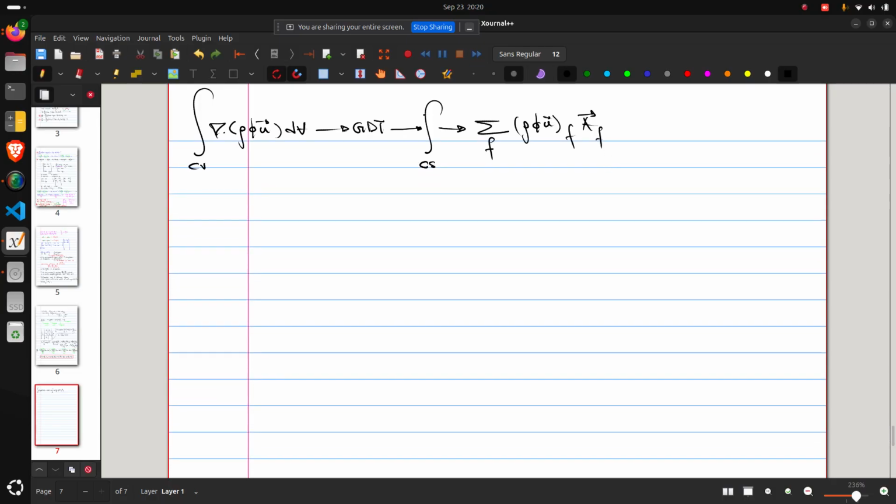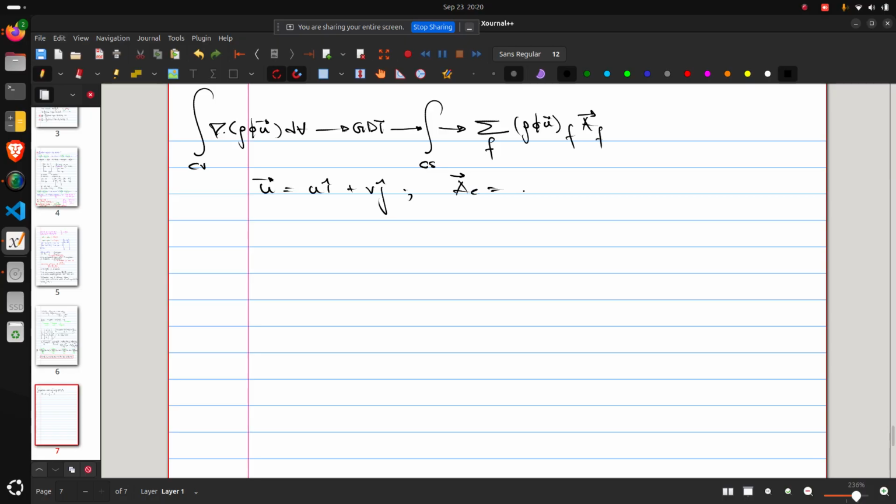Now in our 2D case, what does the u vector look like? It is nothing but u i cap plus v j cap, just a velocity vector. And what is our A vector for the different faces?